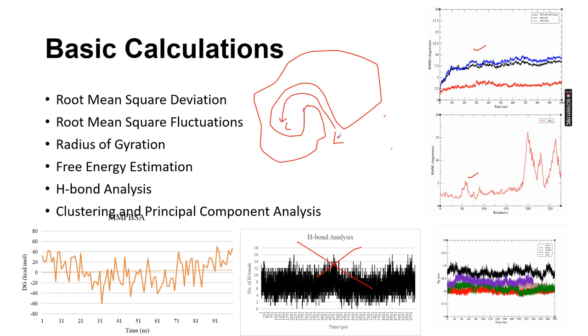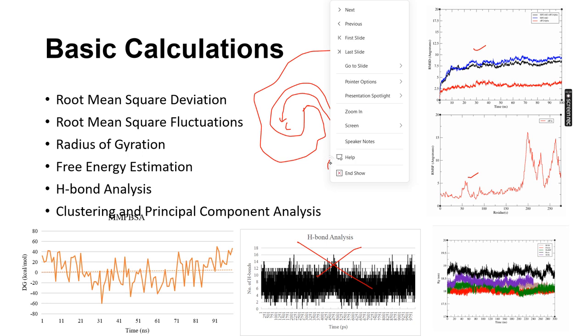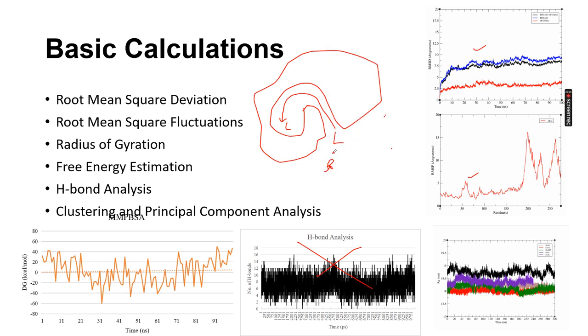Suppose there is another ligand, let's assume it is B. It went here and it got stuck here. Let's assume there is another ligand C. It went inside and it also came out. So all such fantastic observations we can make using molecular dynamics simulations.